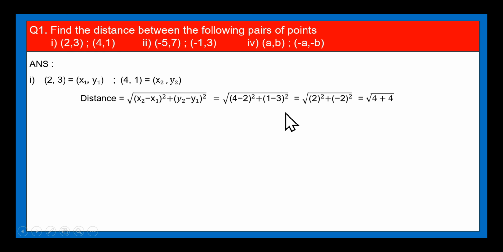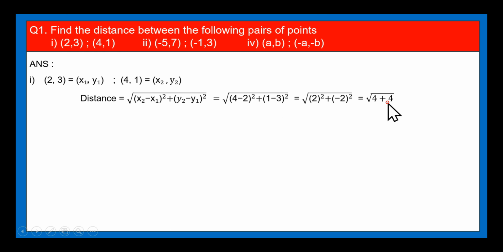Now, let us simplify this. Root over. What is 4 minus 2? Good. 4 minus 2 is 2. 2 square. Plus what is 1 minus 3? 1 minus 3 is minus 2 whole square. 2 square is 4 and minus 2 whole square means minus 2 into minus 2, which is also plus 4.